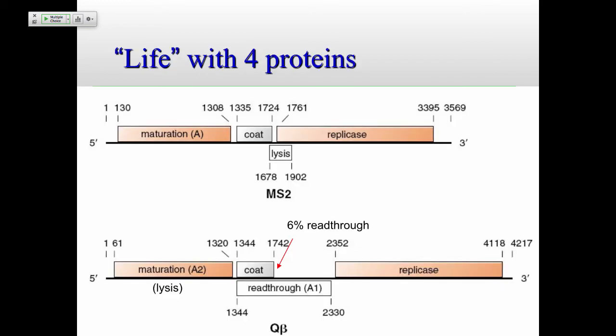So what do these genomes look like? They're tiny, not quite as tiny as some of the viruses and virus genomes we'll talk about later. And this is, again, are they alive? Are they not alive? With just 4 proteins. All you need are 4 proteins to be able to replicate and make the whole virion. The critical ones here, of course, are your coat protein. What's that do? Makes your capsid. Then you need to make more of your genome. Again, these are RNA viruses.